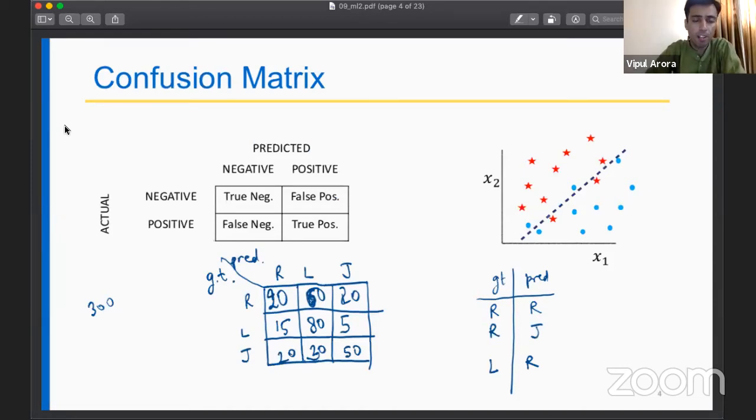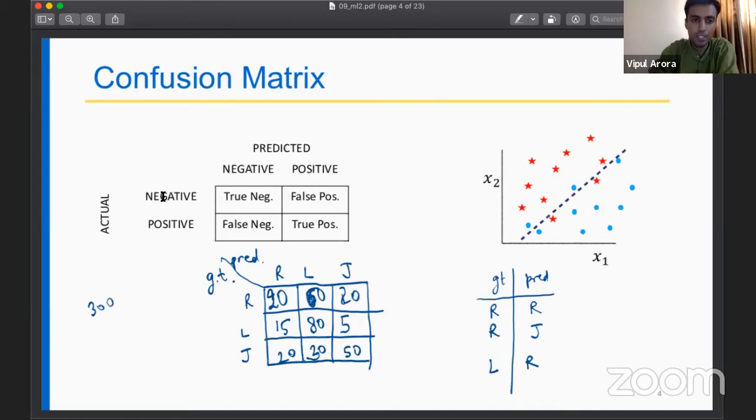So let's say this is a classification problem. Let's say I'm detecting roses. In this case, my problem is to detect roses. So how will I evaluate?